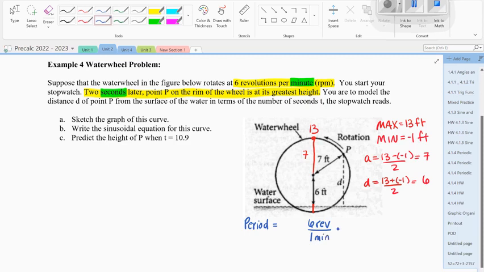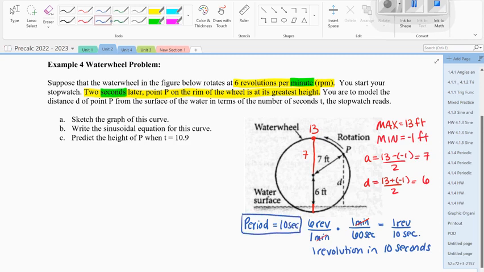If I multiply this by 1 minute over 60 seconds, notice that your minutes are going to cancel out to leave you with 6 revolutions per 60 seconds. And of course, that reduces into 1 revolution per 10 seconds. So if it's 1 revolution in 10 seconds, that is the period of our graph. It's 10 seconds.